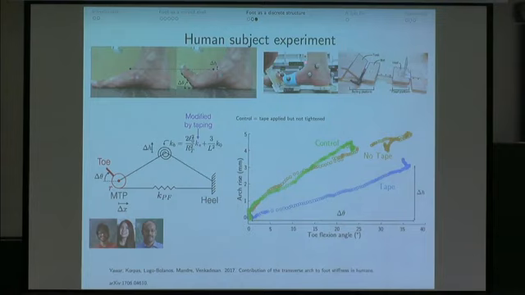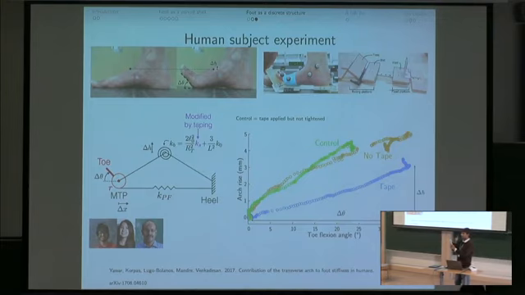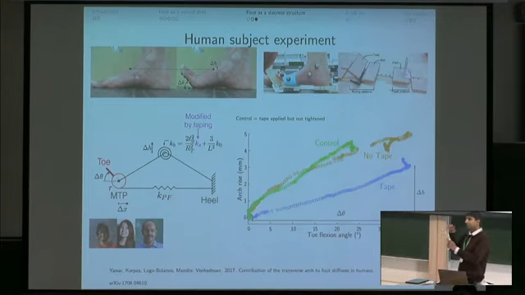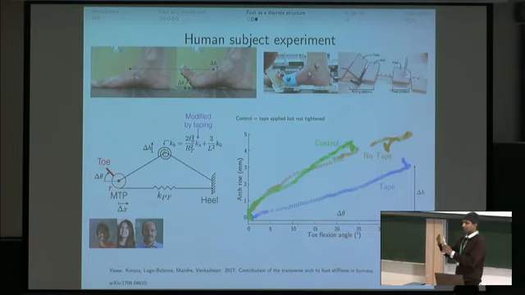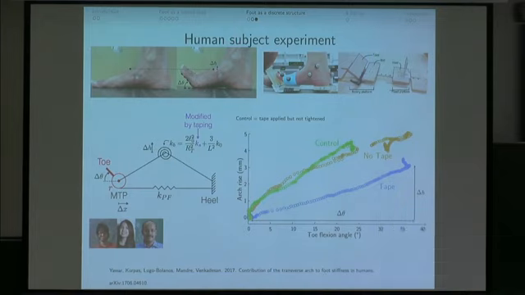Now, remember what I told you, there is a ligament here that contributes to the stiffness. The ideal way to test this would be to cut that ligament and do the experiment again. But we can't do that. So instead, what they did was to tie an elastic tape around that ligament to reinforce it, to see if that increases the stiffness. It's still slightly indirect, but it still captures the kinematics that I described.